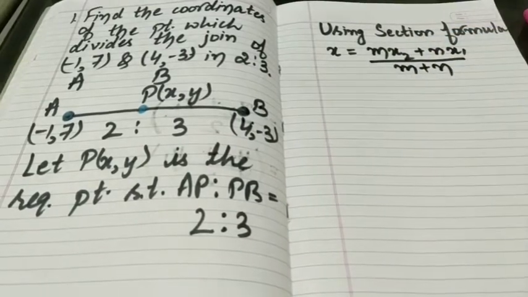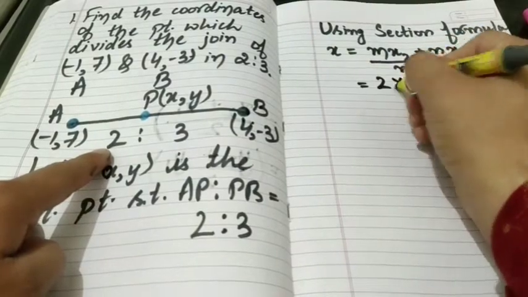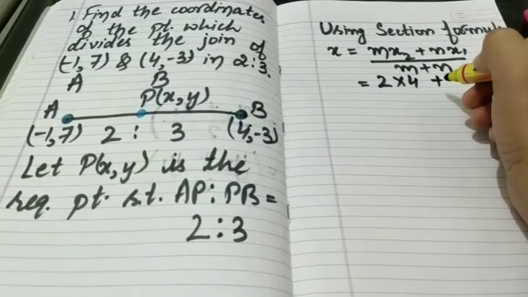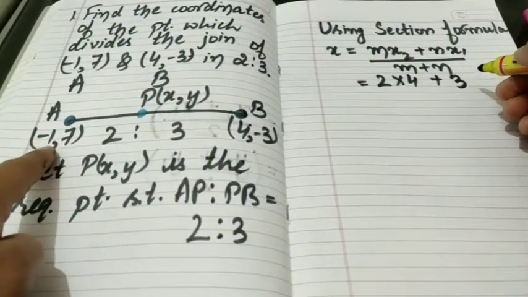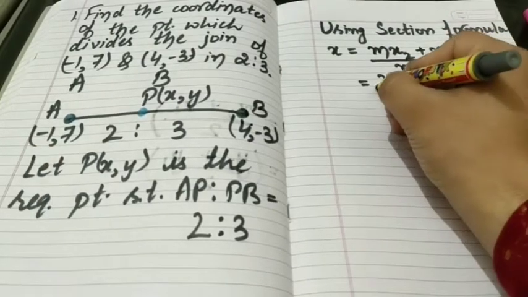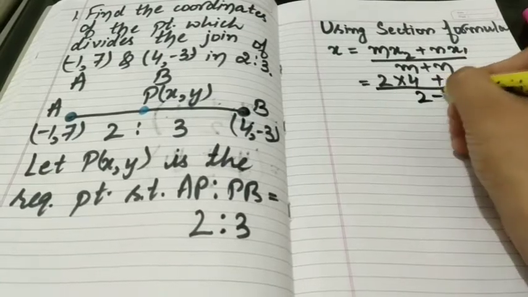Since the value of m is 2 and x2 is 4, n is 3 and x1 is -1, whole divided by the sum of the ratios, that is 2 plus 3.